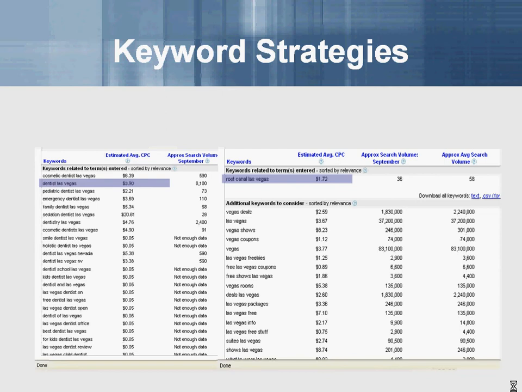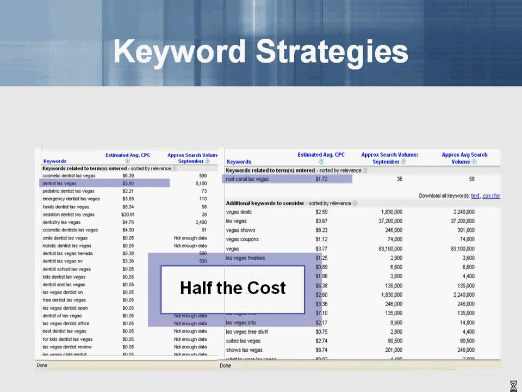I definitely got to bring them to a landing page that talks about root canal and gives them information, and then gives them the opportunity to schedule an appointment. But $3.90 versus $1.72 cost per click, that's half the cost. I'm going to be able to get twice as many people with the word root canal Las Vegas in my budget than the word dentist Las Vegas.